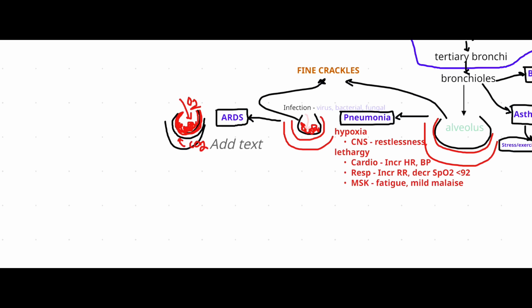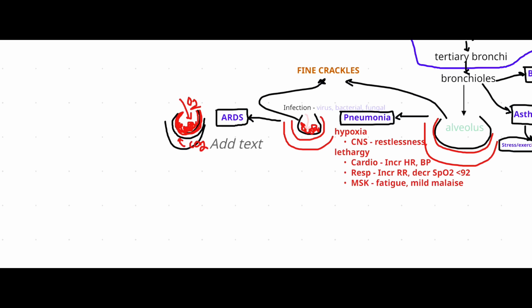So now, not only is the SpO2 going to get decreased, now the PaO2, the partial arterial oxygen, is going to get decreased. What is the normal value here? 80 to 100, okay? So when we start looking at hypoxia, it's going to be either mild, moderate, or severe hypoxia.